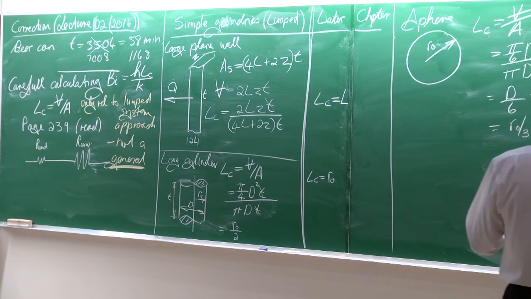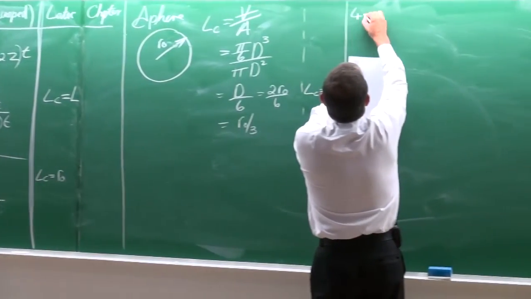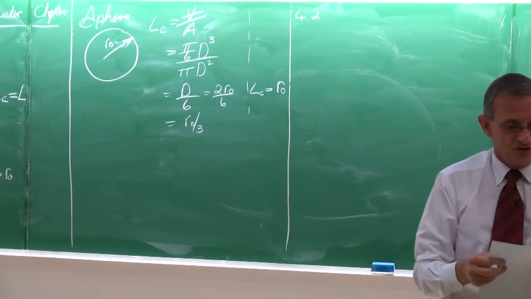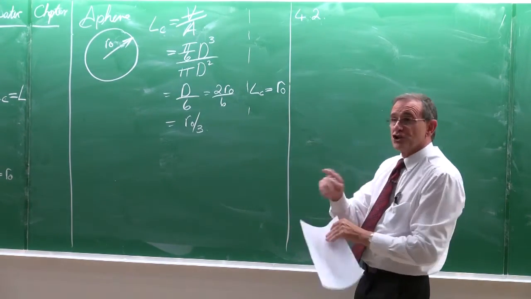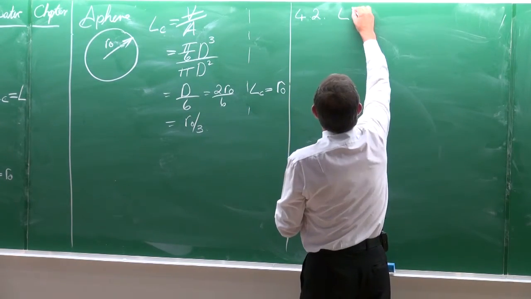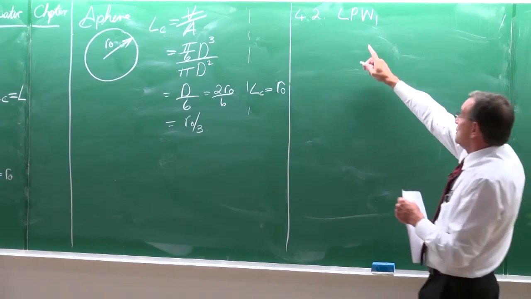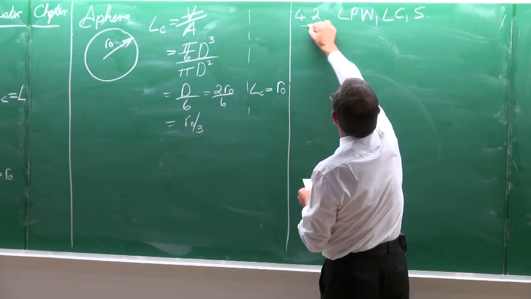So, let's start now with paragraph 4.2 in the textbook. Paragraph 4.2 is about transient heat conduction in large plane walls. Large plane walls, okay? LPW, large plane walls, long cylinders, and spheres.